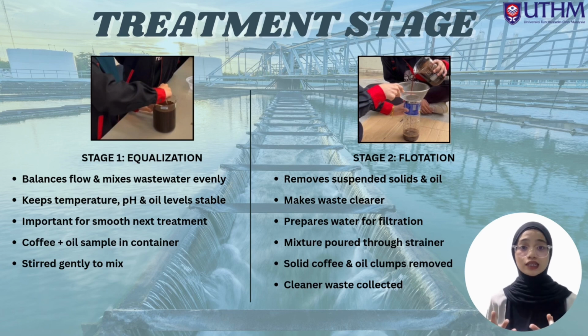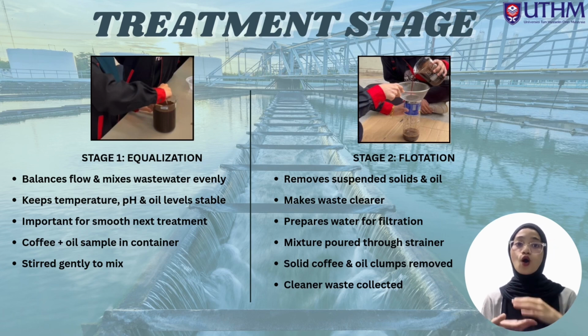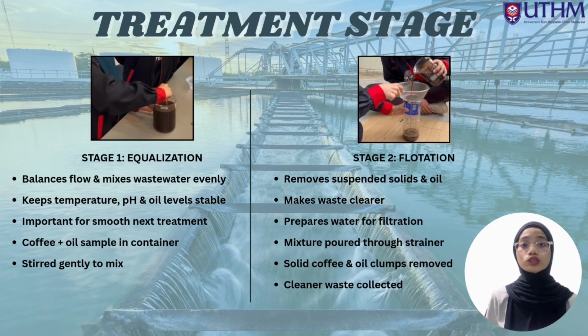Okay, for the next stage, we have the flotation stage. This stage removes suspended particles and oil from the wastewater. This is very useful when we have a mixture like coffee and oil because solids and oil can float or stay in the water. In our experiment, we use a strainer to separate bigger particles after mixing and letting the sample settle.